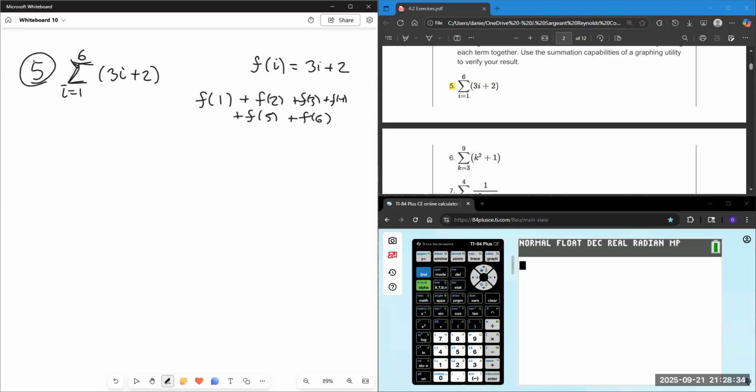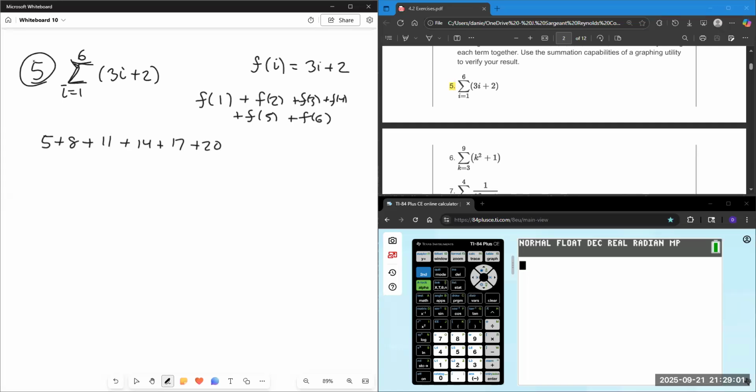So I'm going to stick in 1, 3 plus 2 is 5. And then stick in 2, 6 plus 2 is 8. Stick in 3, 9 plus 2 is 11. Stick in 4, 12 plus 2 is 14. Stick in 5, 15 plus 2 is 17. Stick in 6 and I stop, 18 plus 2 is 20.